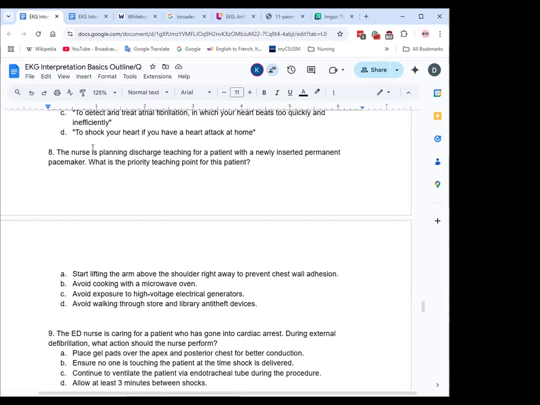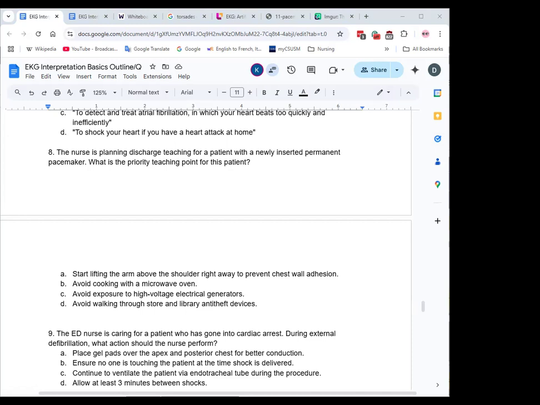Well, guys, no high voltage electrical generators. Your microwave is fine. It doesn't emit enough to cause any harm. Some other things to consider: pretty close after it's been inserted, because this patient has a newly inserted one, they should not be lifting their arm. They shouldn't be doing their arm exercises or anything for a little while after placement.